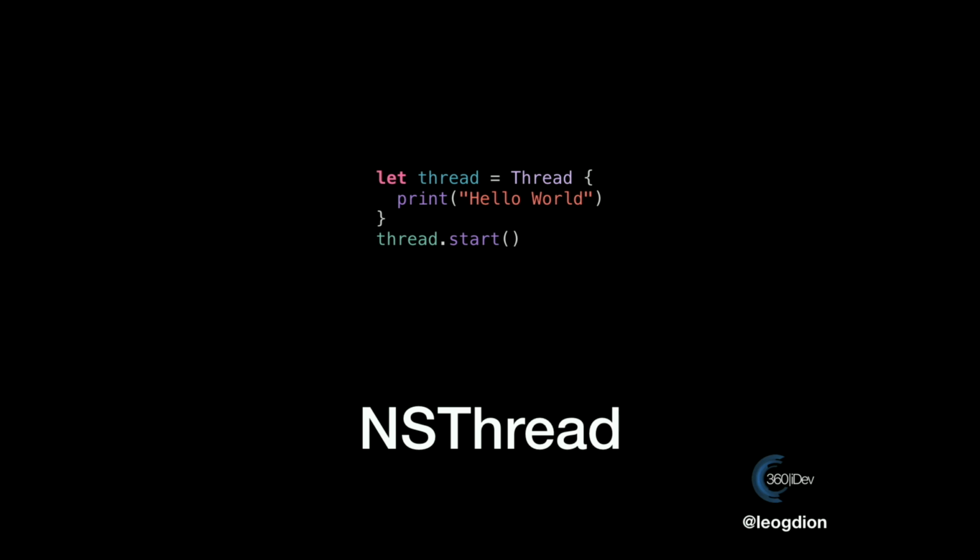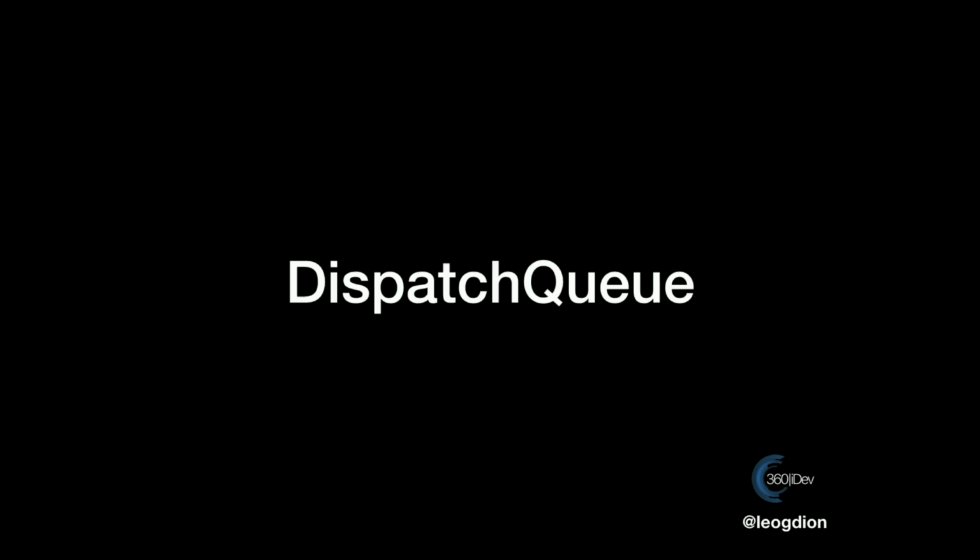Now, out of those abstractions, probably the one all of us have used is Grand Central Dispatch. How many of you here have used Grand Central Dispatch? Okay, even the ones who haven't raised their hand have probably used it. The biggest tool in that shed is a dispatch queue. A dispatch queue allows you to do multiple things at the same time.